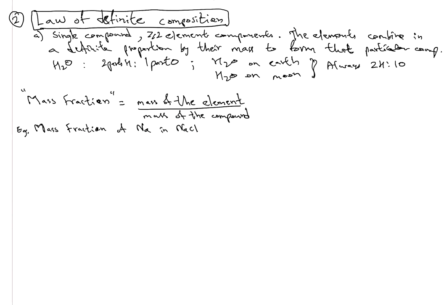So let's take the example of finding mass fraction of sodium in sodium chloride. We know that 1 mole, and again the concept of mole will be clarified later, but for now just accept this, that 1 mole of sodium chloride gives 1 mole of sodium, Na+, ion and 1 mole of chloride ion.